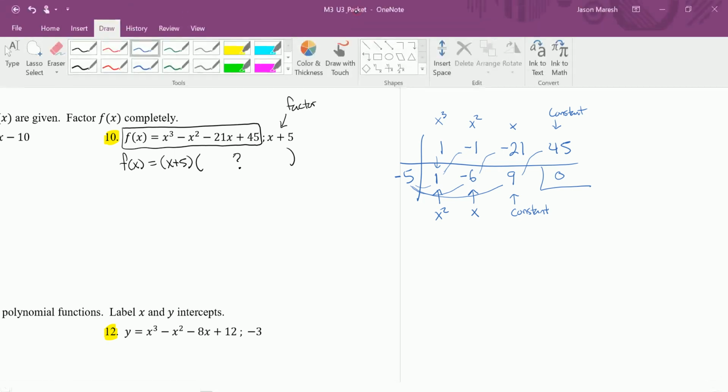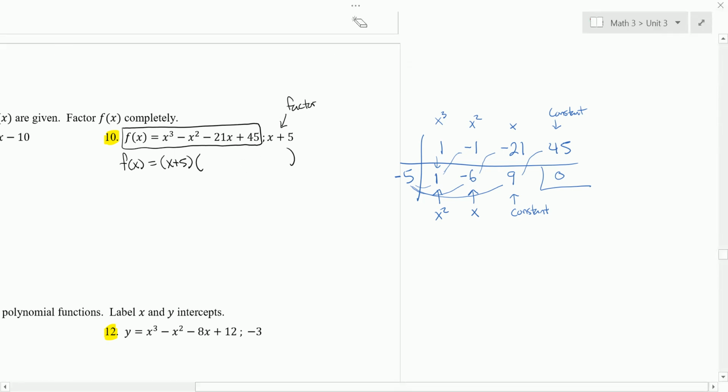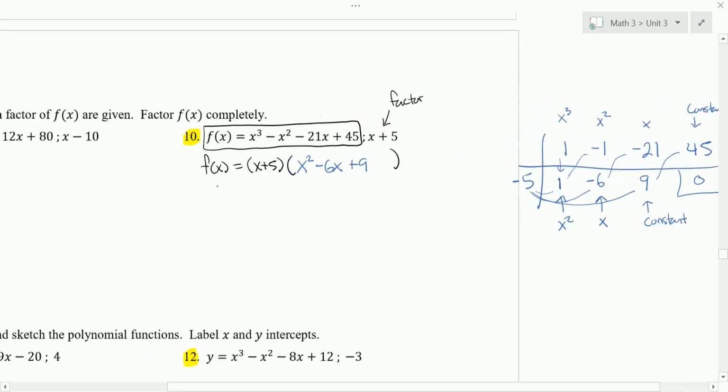And so no longer is it a question mark. We found what goes there. 1x squared minus 6x plus 9. We continue to try to factor this further.